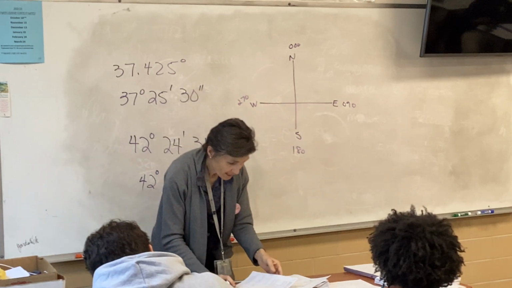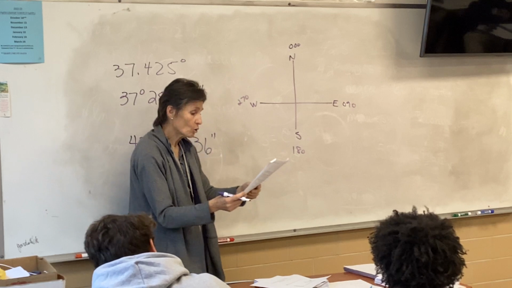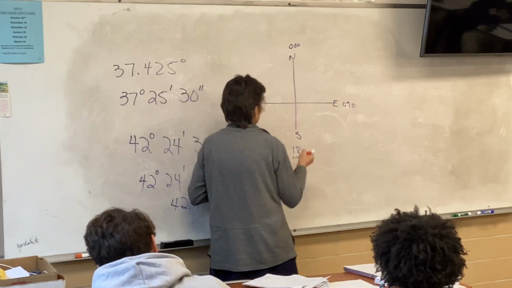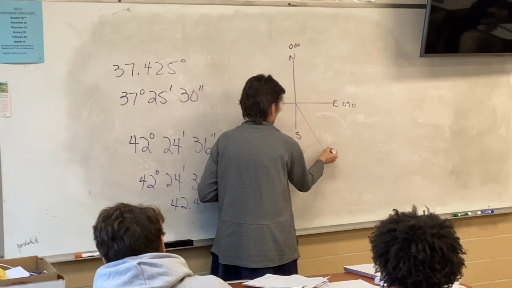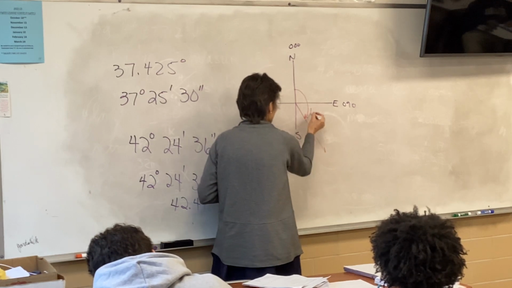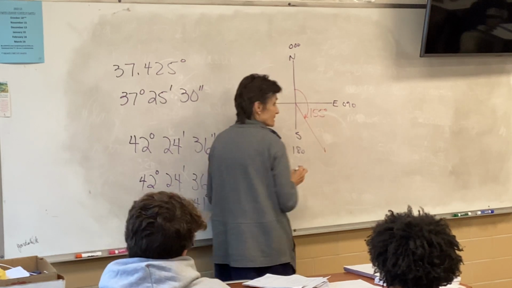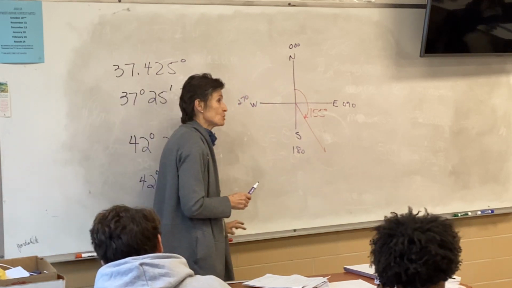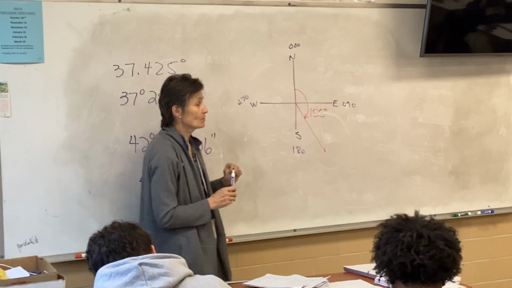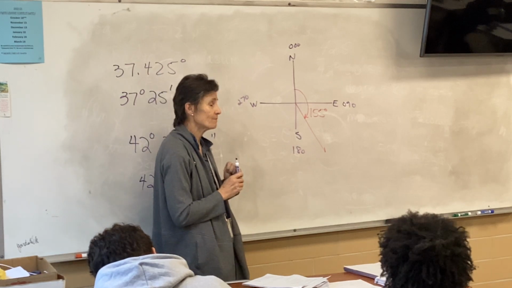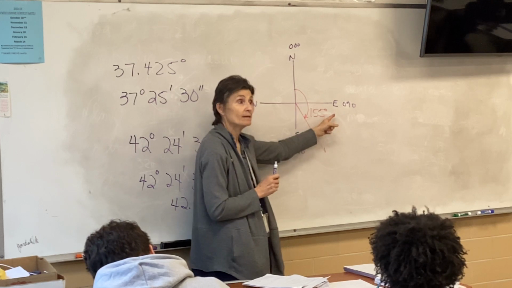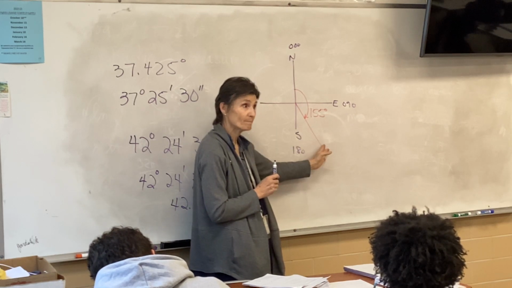So when they say, draw a course of 155, it will look like this. Would you agree with me? That's 155 degrees. So when that ship sails on a course of 155 degrees, he is sailing in the southeast quadrant.